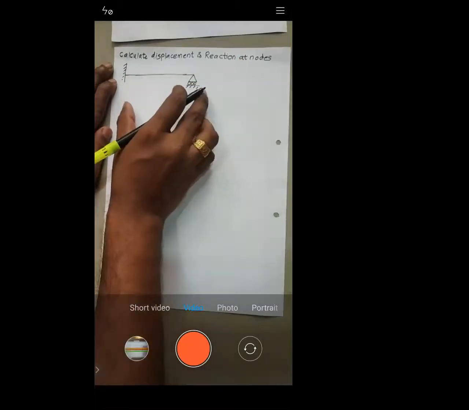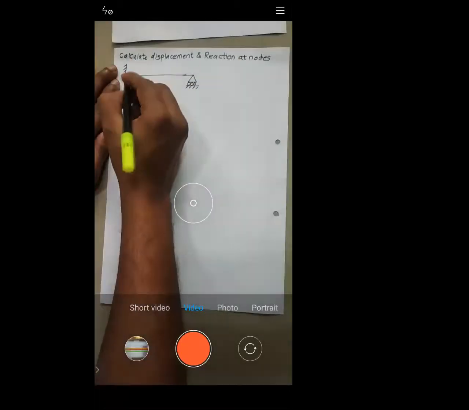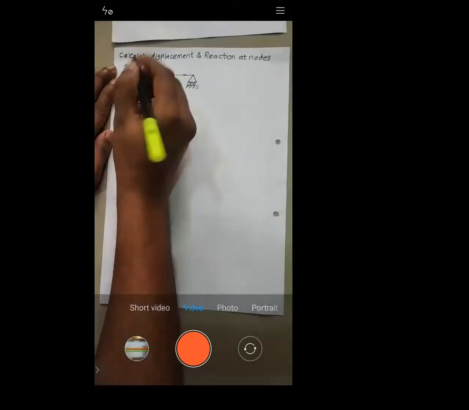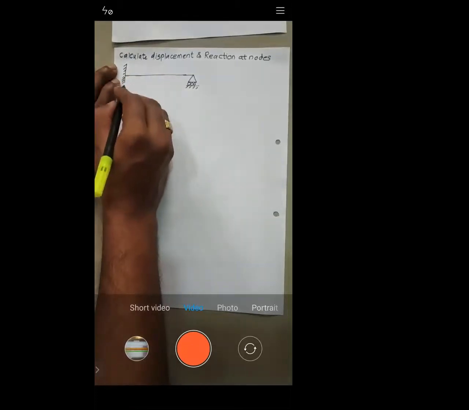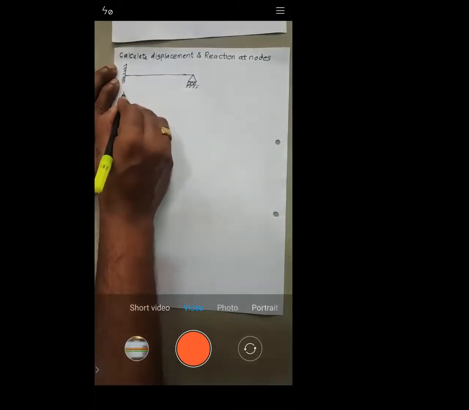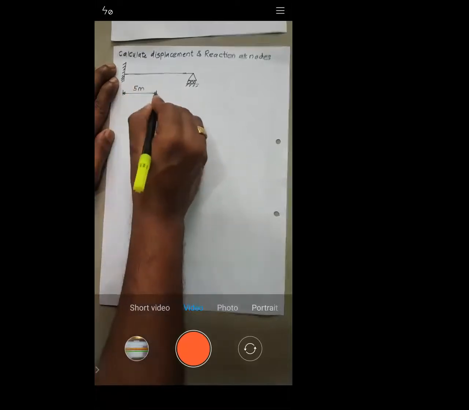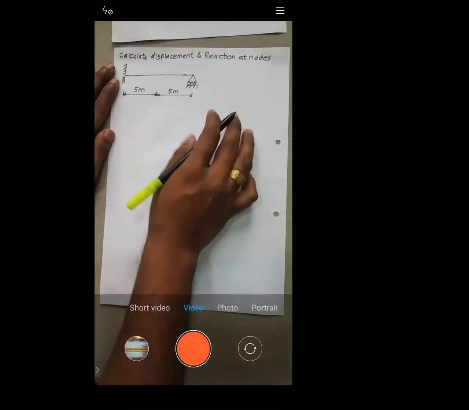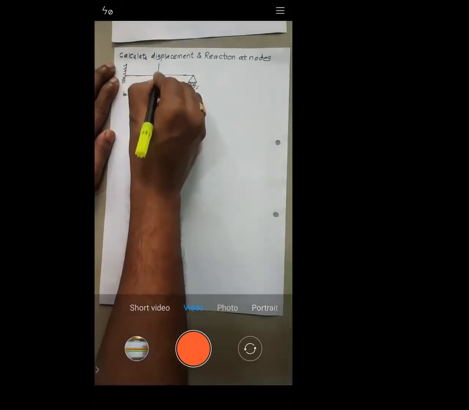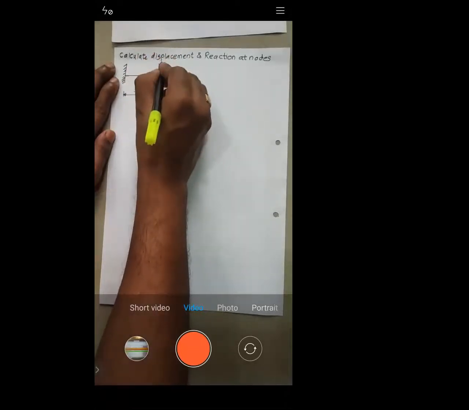This is basically the beam which is given. At one end, it is connected to fixed support. At the other end, it is provided with the roller. This total length is 10 m. At a distance 5 meter from the fixed support, they applied the load 20 kilonewton.